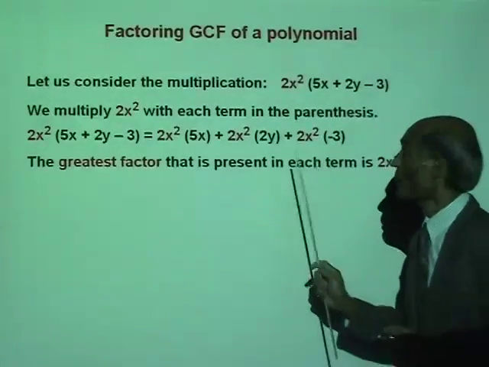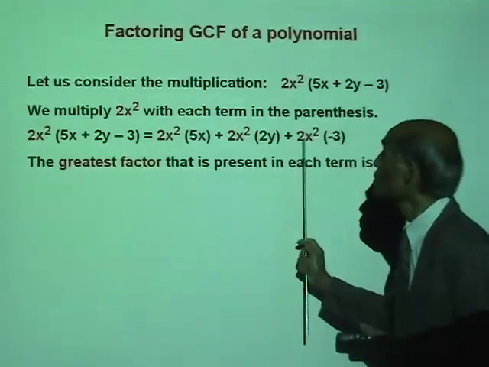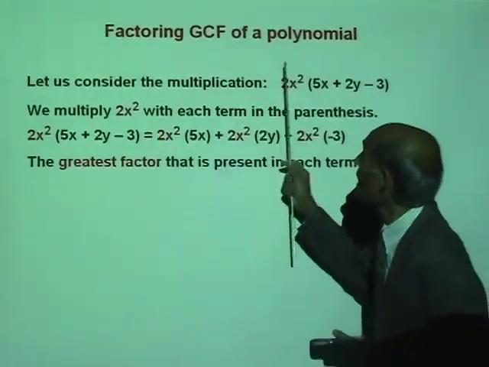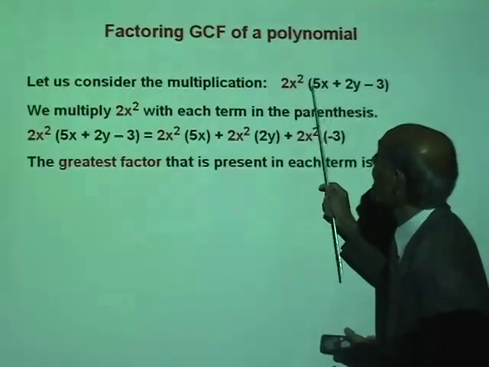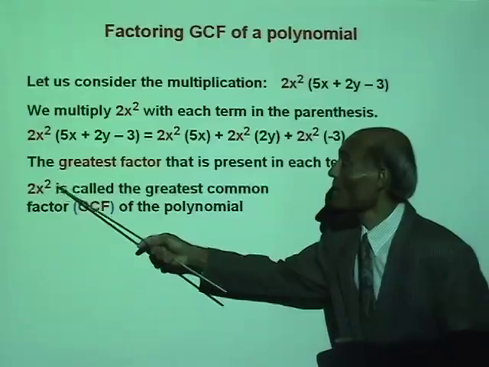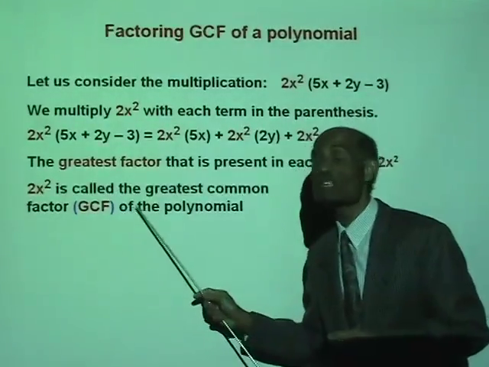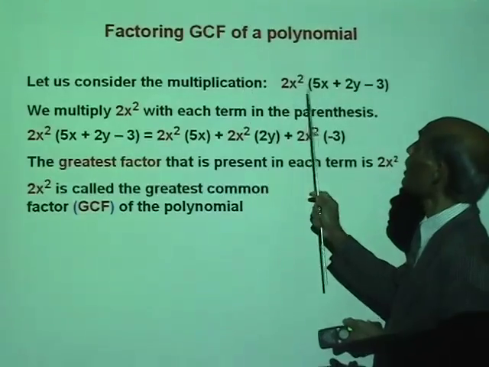And now, once you identify the greatest common factor, you can pull that out and keep it outside a parenthesis. You see, 2x squared is called the greatest common factor, or GCF, of this polynomial.